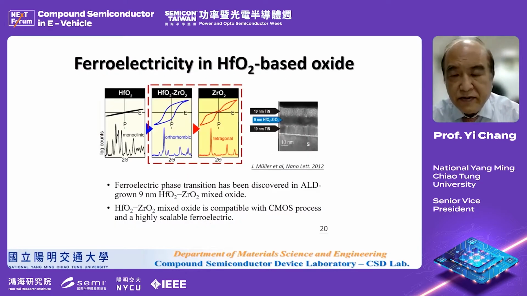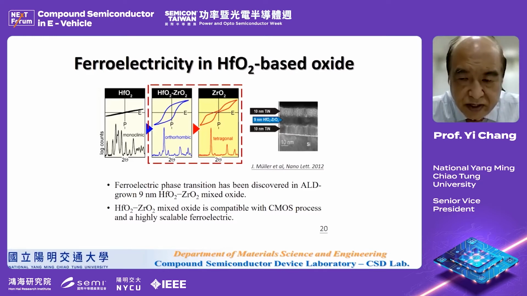The ferroelectric material we use is hafnium oxide based, usually ALD hafnium oxide and zirconium oxide. If you just use hafnium or zirconium alone, there's no polarization. When you combine them together, you get a good ferroelectric material with high polarization for E-mode application.